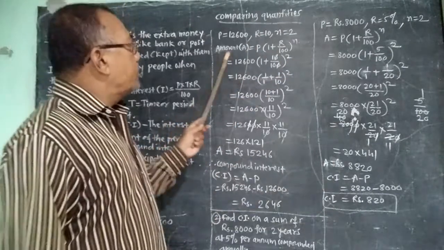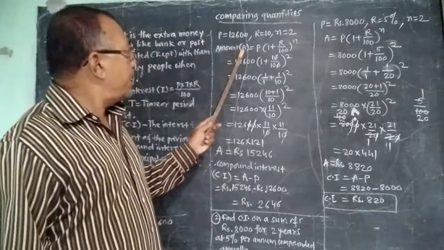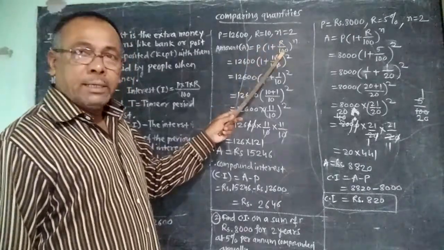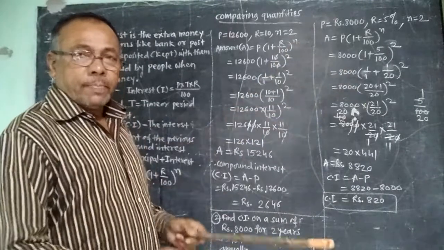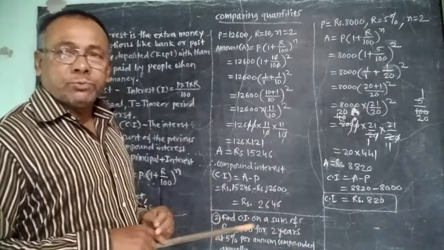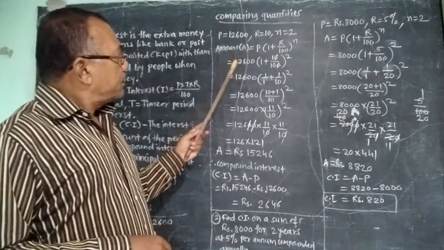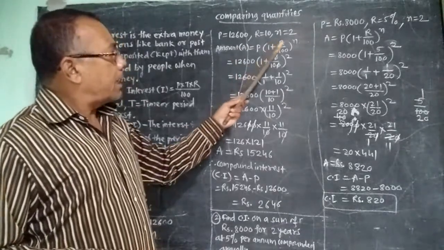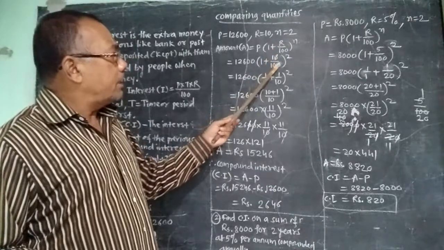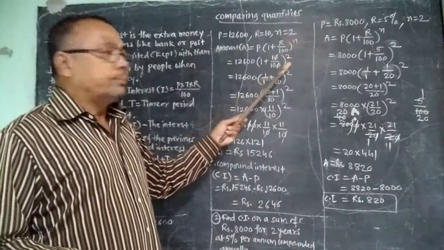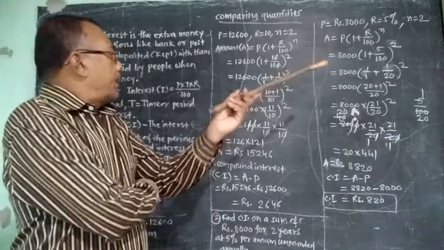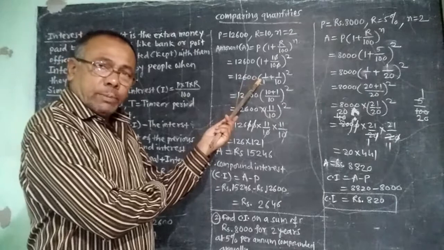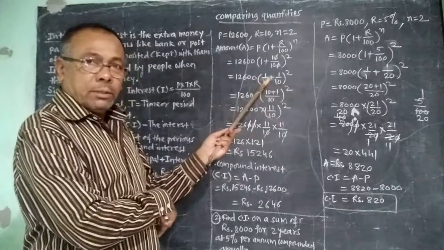So first we will find amount. A is equal to P into (1 plus R upon 100) raised to N, and now substituting the corresponding values, we will get 12,600 into (1 plus 10 upon 100) raised to 2.